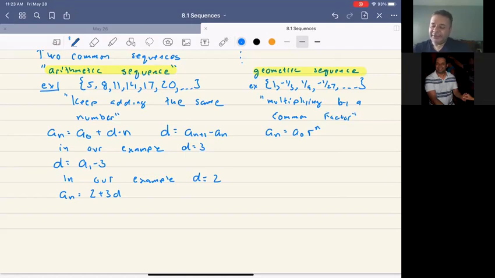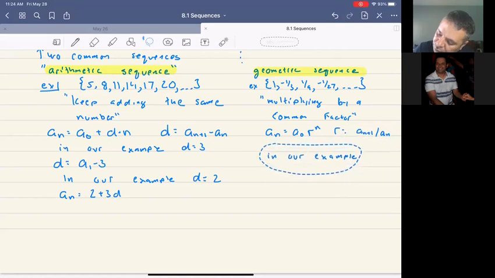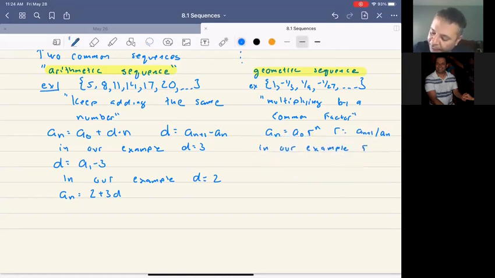Our a sub 0, well, let's do r first. r equals a sub n plus 1 divided by a sub n. So in our example, r is negative 1/3. Okay, our a sub 0 is going to be a sub 1 divided by r.